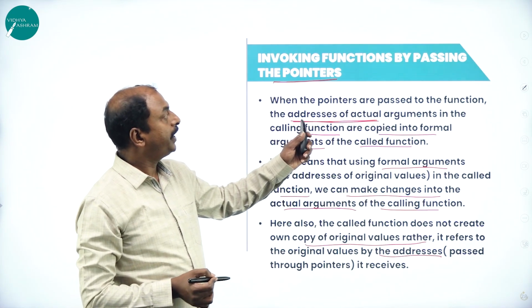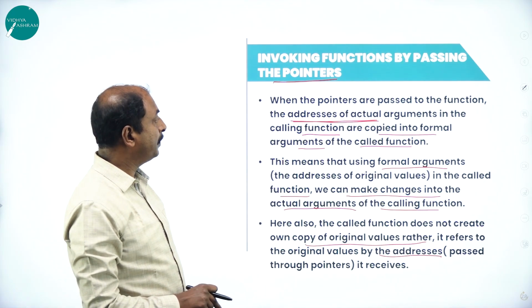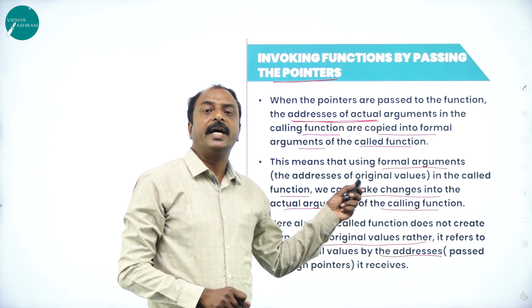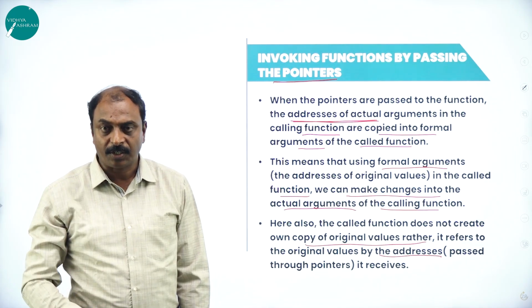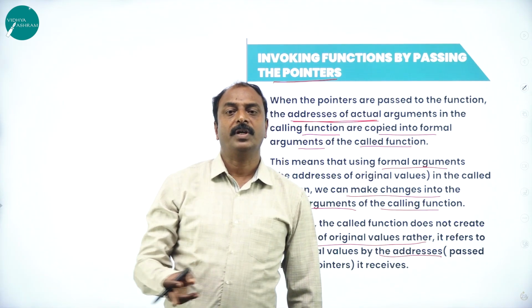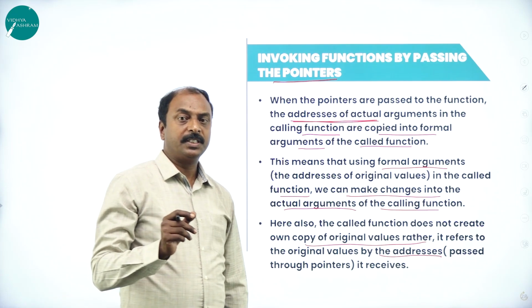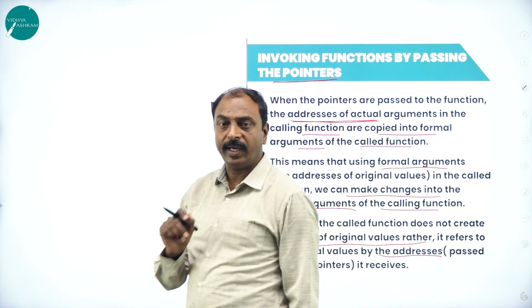So in pass by pointers, it is going to pass the address of the variable as an argument. When you pass the address of the argument, it is going to work with the original value. So any changes made to the data are going to affect the original values.